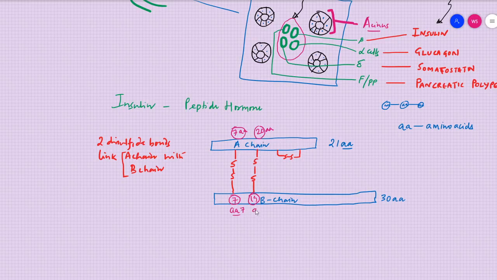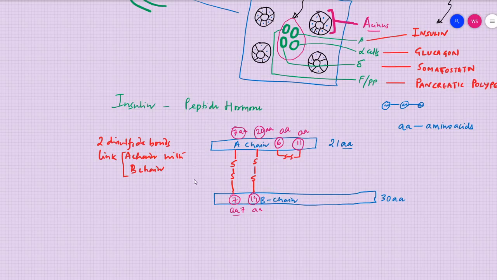So it's the 19th amino acid that is linked to the 20th amino acid, and this is seen between the 6th amino acid of A chain and the 11th amino acid of the A chain. So they form a disulfide bond, but that is within the A chain. It's not linked to the B chain.